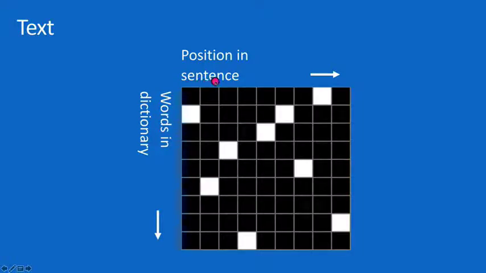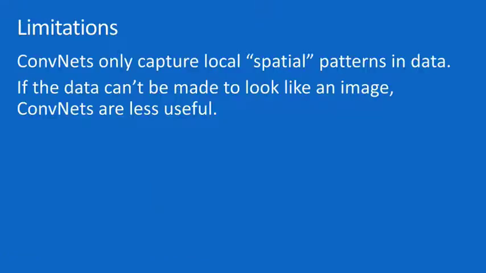And the columns of my image indicate where in the sentence a particular word appears. And again, this order is not interchangeable, right? So this pattern is very specific to this image that you see. So CNNs can capture these patterns in data.